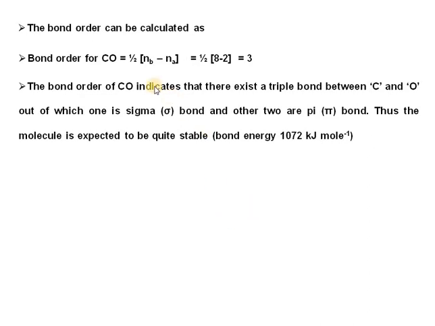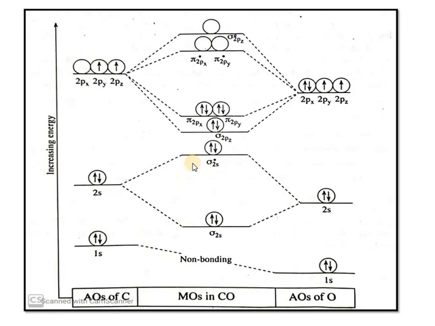Now, we can calculate bond order using the formula one-half in brackets Nb minus Na, where Nb means bonding and Na means antibonding molecular orbital electrons. From the diagram, how many bonding electrons are there? 2, 4, 6 and 8.